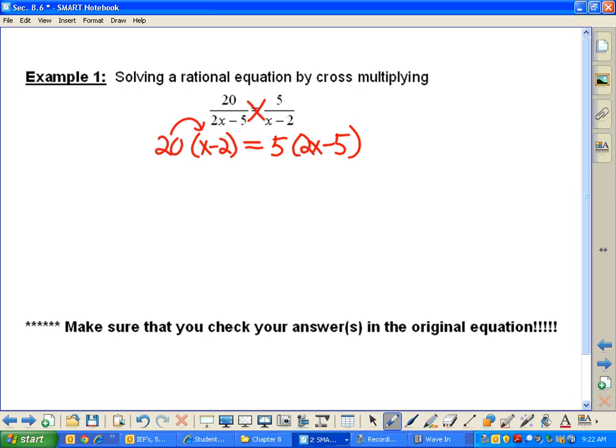It's an option. Both are valid. So Danielle would take 20x minus 40 and set that equal to 10x minus 25. Great. So we could distribute, and then we really can't solve an equation when there's variables on both sides. So Matt, what do you think you would do next?